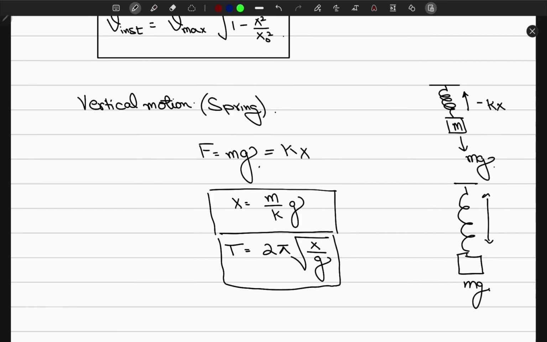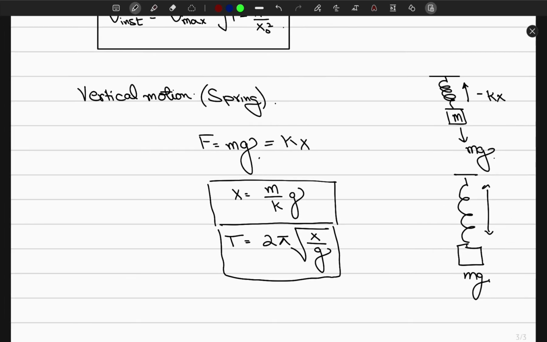Now, before this part 1 ends, I would like you to know that in one complete vibration, which I've been referring to as oscillation, the body is going to cover a distance equal to 4 times the amplitude. Suppose that this is your bob again, and here it's moving like this.